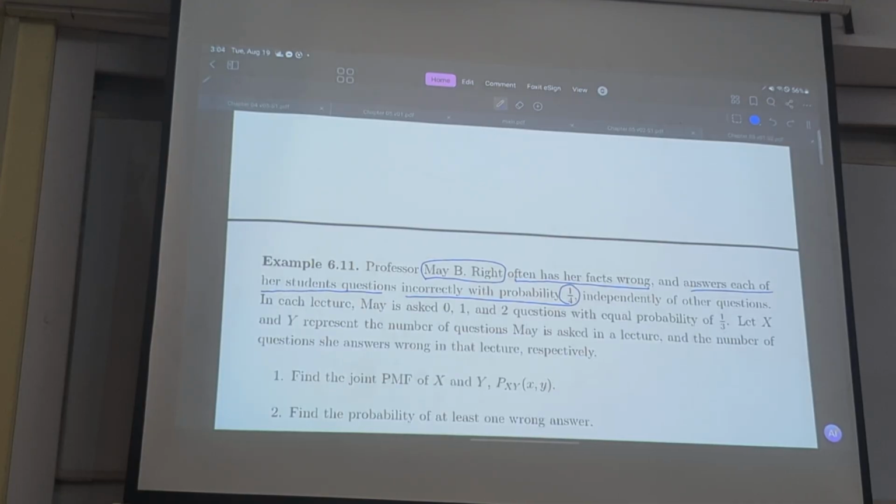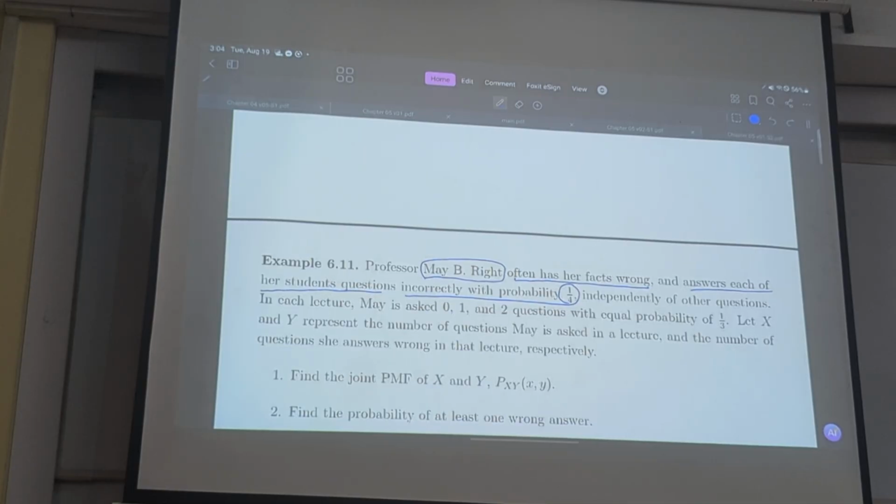Since she answers incorrectly, she does not allow too many questions. She allows either 0 questions or 1 question, or 2. In some lectures, she does not allow any question. In some lectures, only 1, in some cases only 2. Is the problem scenario clear?